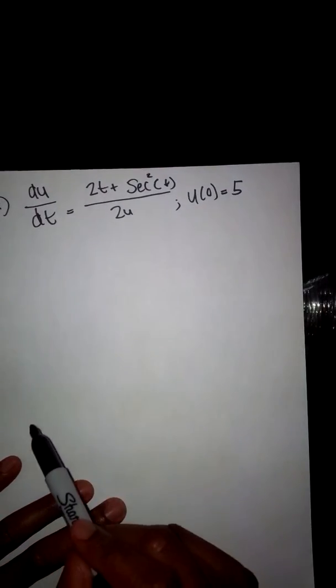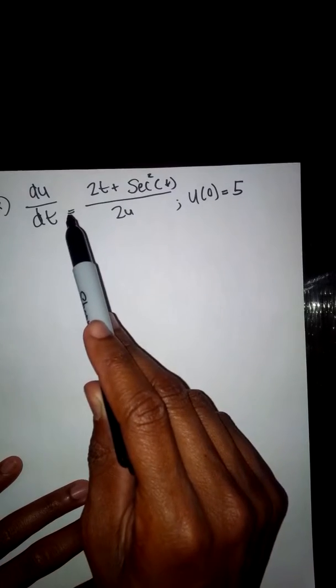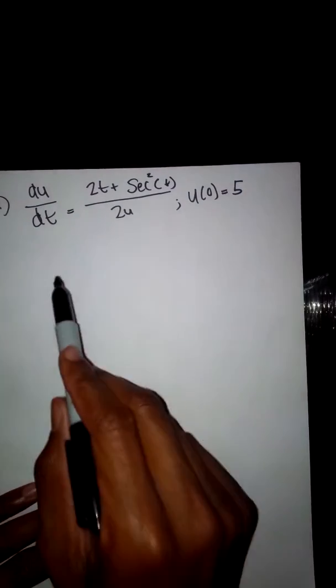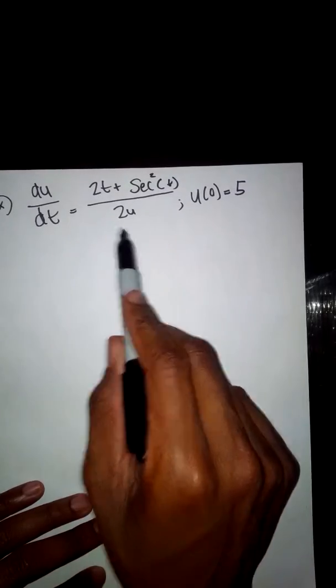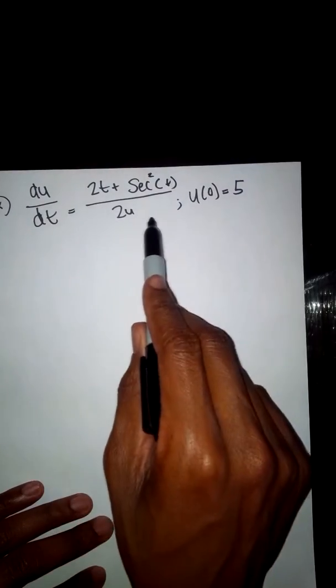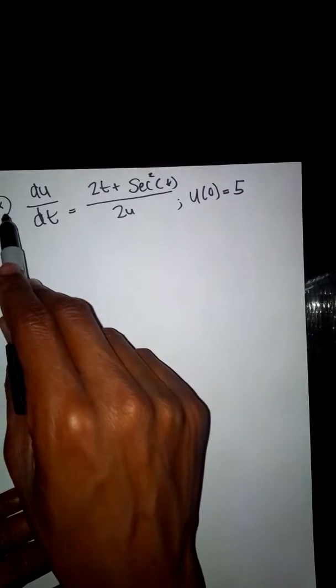Now remember, what variable are we trying to solve for? Well, we look at the derivative. The derivative is of u with respect to time. So the original function that we're trying to find is going to be in terms of u, okay? Now to start this off, we're going to multiply both sides by 2u, just so that I get the u's on the left side and then the t's on the right side.